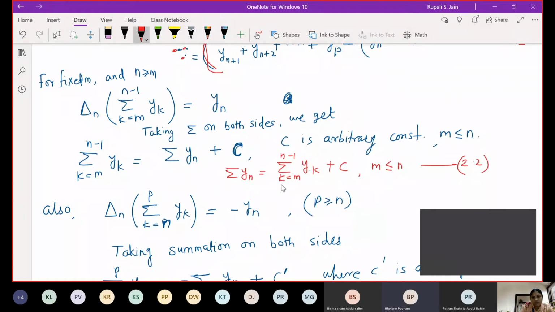C is an arbitrary constant, so here you can take C1, and here you can say C. Okay, no problem. If you want, here minus, when it goes there it becomes minus C1, but minus C1 you can consider as some other constant, capital C. Okay, so I can write this. Is that okay? Yes, ma'am.